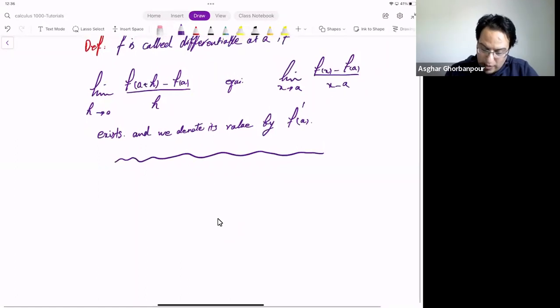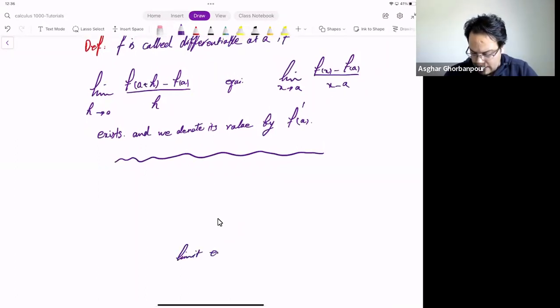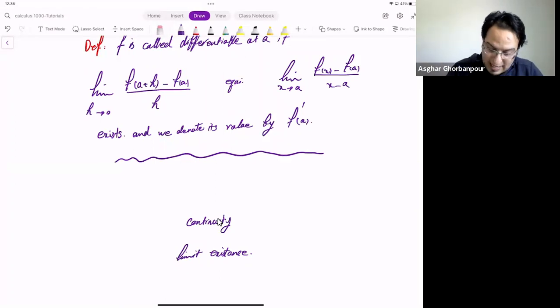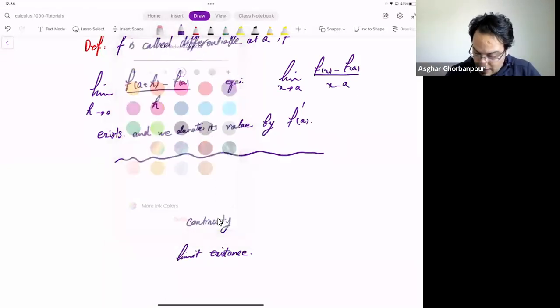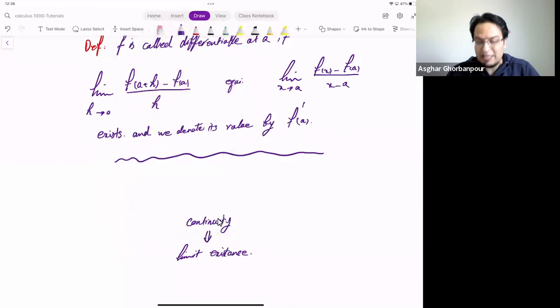Remember that we have studied limit existence as the first thing. Then we learned about something called continuity. And we saw that continuity is stronger than limit, because continuity says that the limit exists, and then the value of the limit is equal to the value of the function at that point.